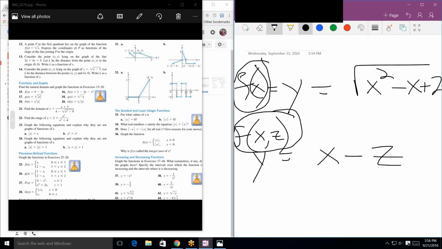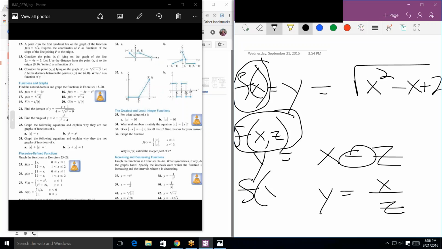It's a function of x and z. The fact that they're being subtracted does not matter. In other words, if it was x divided by z, it would still be a function of x comma z. Okay? So the function notation is more robust, more meaningful, tells you a lot more information about the function.